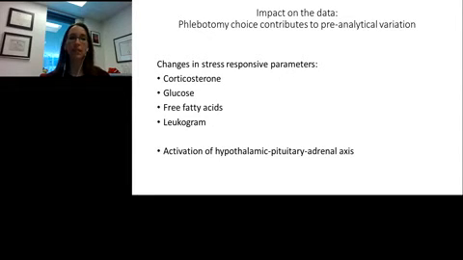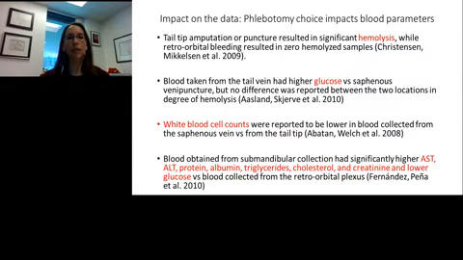Just to give you an example of this, in the literature, there are several reports of how the phlebotomy method can impact the actual data that you collect from your blood sample. In a report by Christensen et al., they showed that if you collected blood from the tail tip amputation or puncture, you had quite a bit of hemolysis in your sample, and that can change some of your chemistry values.